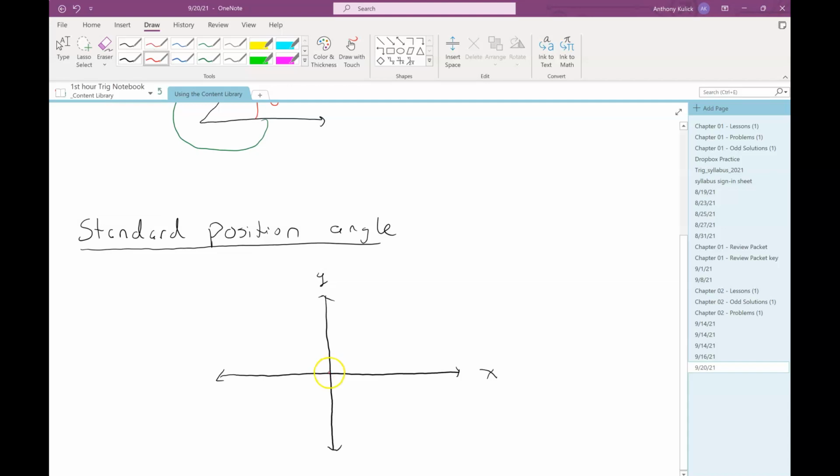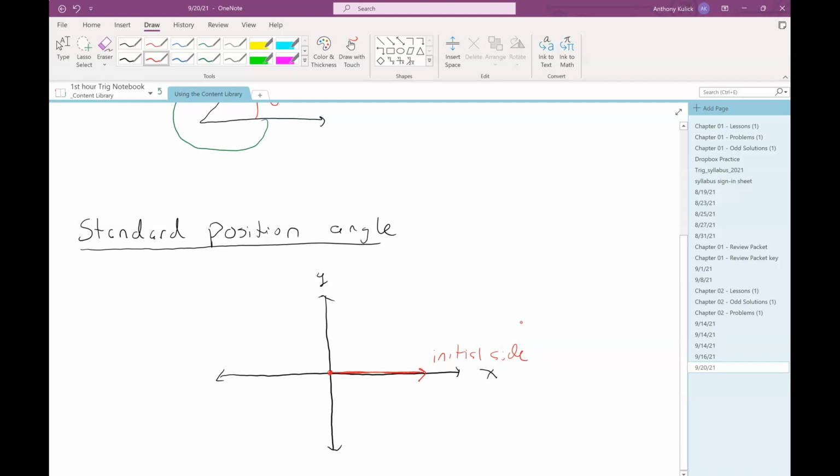So we're going to put the vertex of our angle at the origin, and one arm of our angle is going to lie on the positive x-axis. We're going to call that part the initial side.